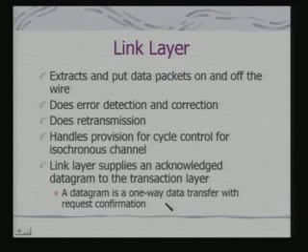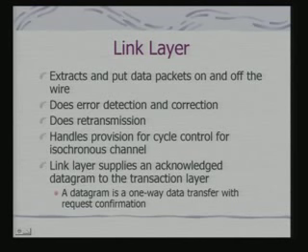The link layer's job is to extract and put data packets on and off the wire. So it is actually constructing the data packets in that sense. It does error detection as well as correction, because that's the basic necessity at that level. So if I detect an error, I need to take appropriate action.